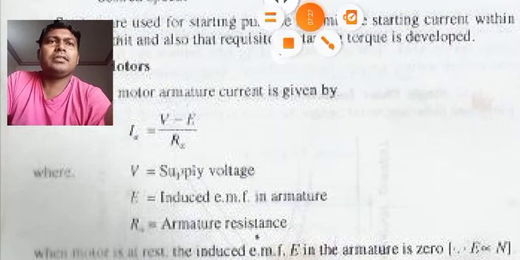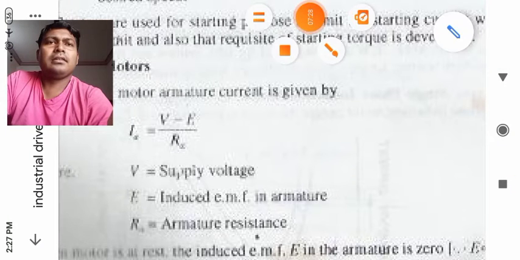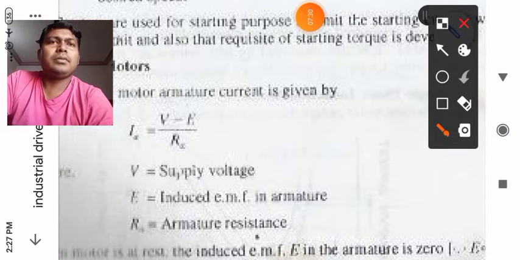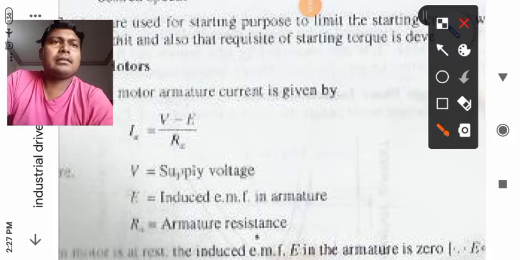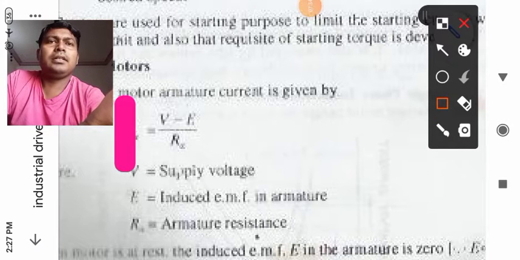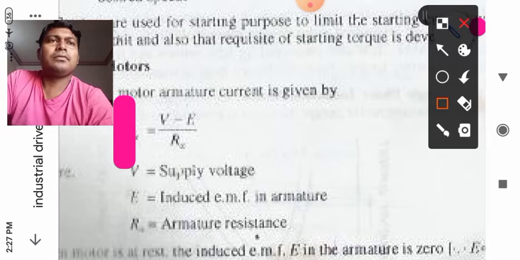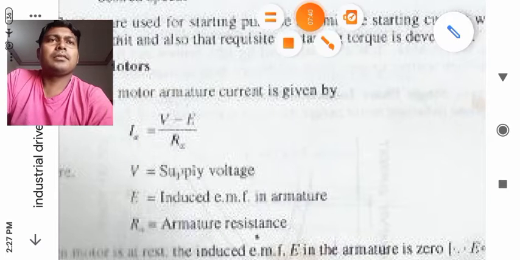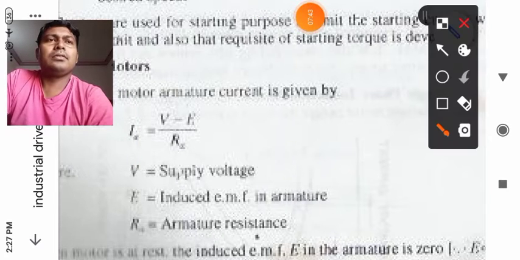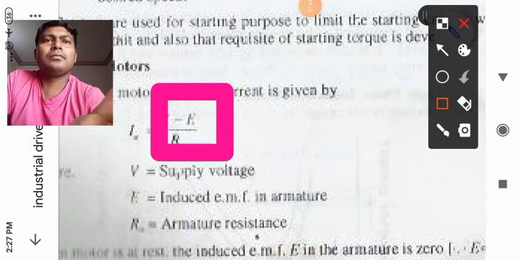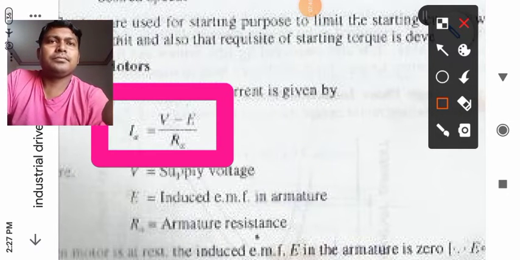This is a very important relation. Already in your machine classes, I think you must have learned about it, so I am highlighting it once more. Ia = (V - Eb)/Ra.